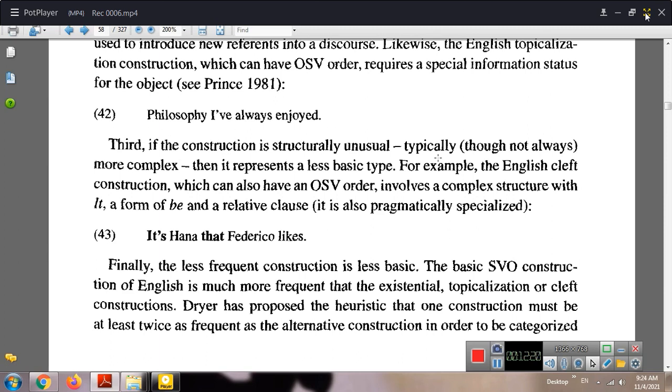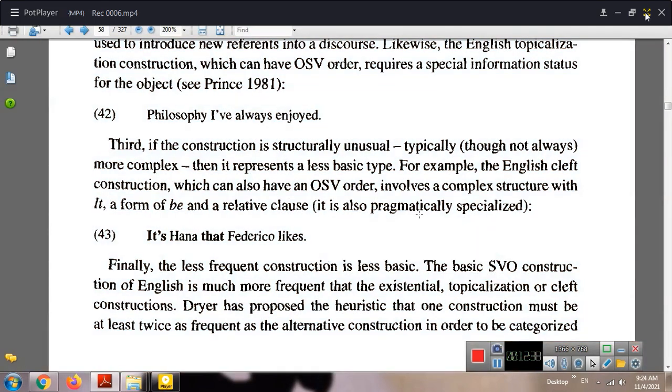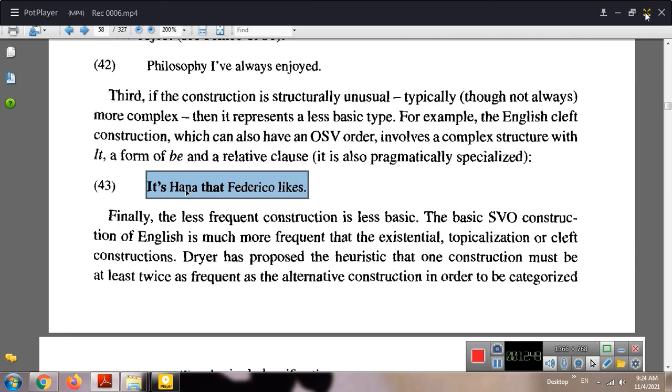For example, the English cleft construction, which can also have an object, subject, verb order, involves a complex structure with it, a form of be, and a relative clause, which is pragmatically specialized in this way. It's Hannah that Federico likes. Again, we have object, subject, verb.